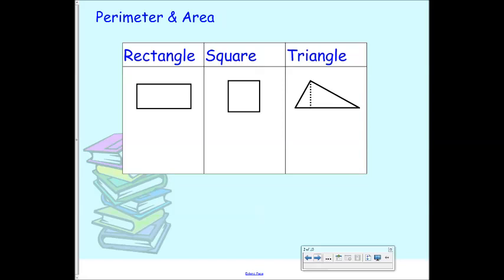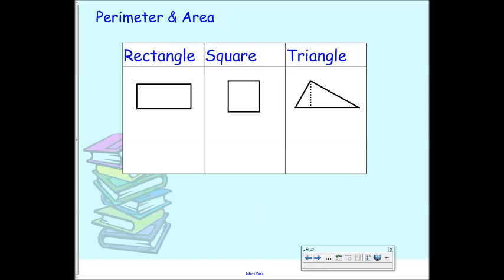So whenever I said at the beginning of the year, like how many of you guys have talked about geometry or done geometry before, and somebody said, inevitably somebody always says area and perimeter. So that's what we're talking about now. So we're going to move forward talking about area and perimeter, and today we're going to talk about the area and perimeter of rectangles and squares and triangles, and then we're going to talk about circumference and area of circles.